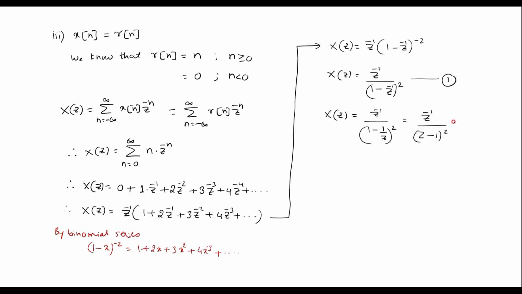I will take z square to the numerator side. Therefore, X of z is equal to z divided by z minus 1 whole square. This is the Z transform of the ramp signal.